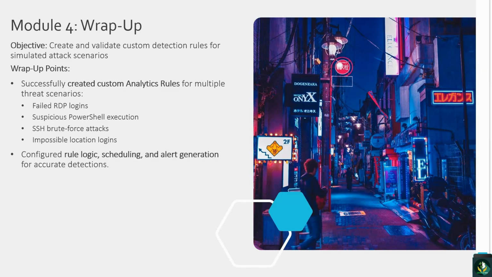Each rule was configured with proper logic, scheduling, and alert generation to ensure meaningful and accurate detections. Next, we simulated attack events in our lab environment to validate that these rules trigger as expected. This is a safe way to test detections before applying them in a production environment.